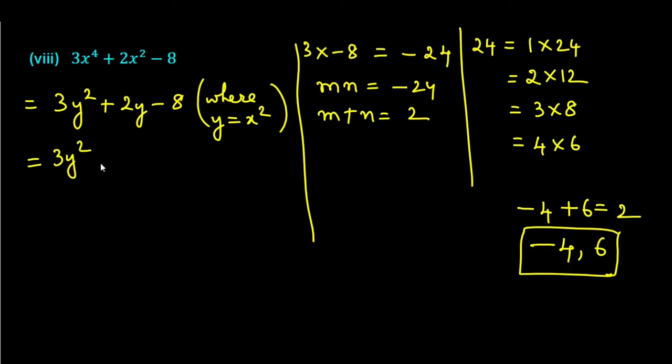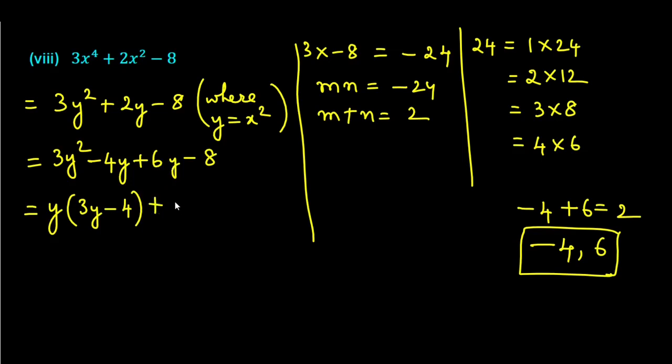3y square minus 4y plus 6y minus 8. Taking y as a common factor, we get y into 3y minus 4. Here taking 2 as a common factor, because we have to get 3y here.